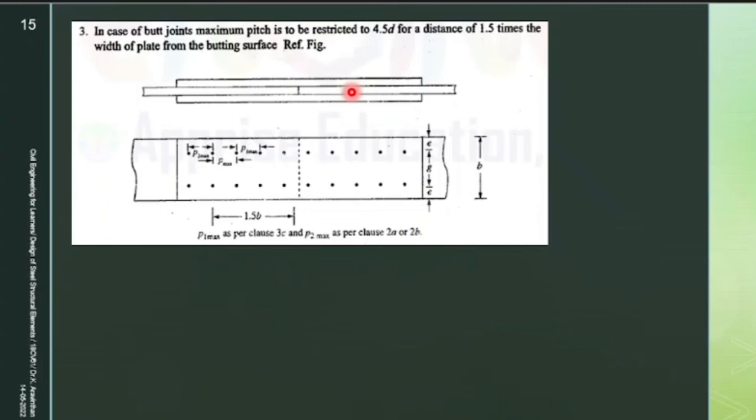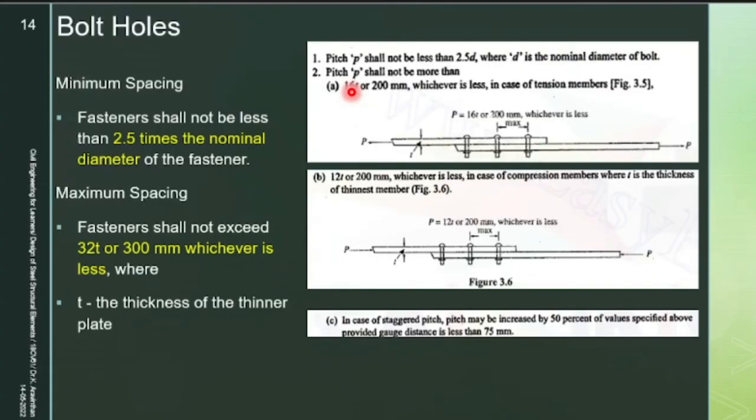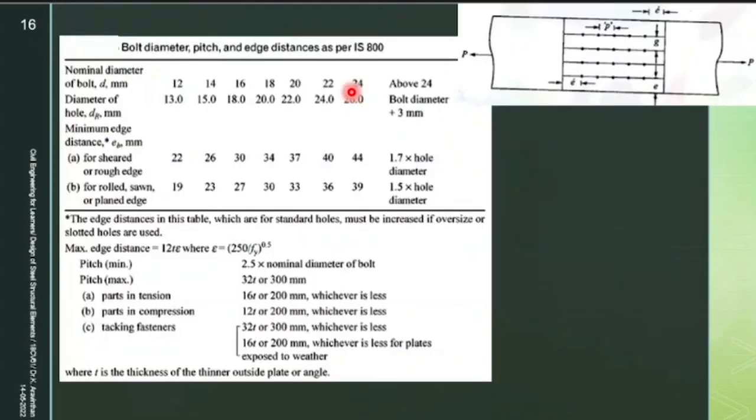The hole should be in the plate and you will fix the bolt there. If you are using a 12 mm diameter bolt, should the hole diameter be higher or lesser? Higher than 12 mm, yes or no? Then only the bolt will go inside. So you will be having 1 mm extra in the diameter.